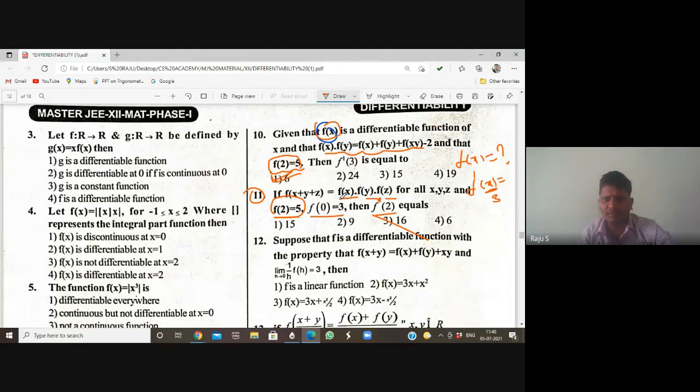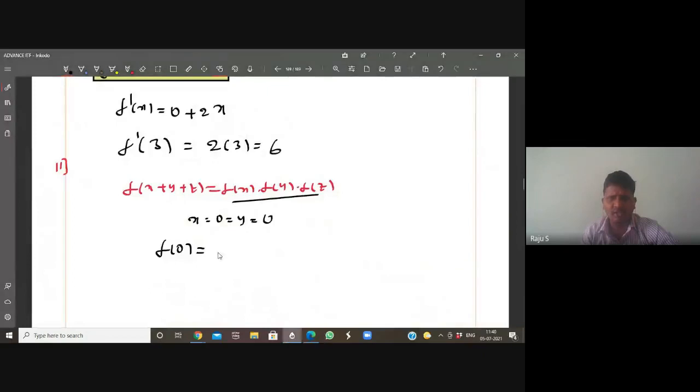When I take f of 0 value is 3, how is it possible to get f of 0 is 3? I'm verifying whether f of 0 is 3 or not. They given one condition here. I want to verify. So 0 plus 0 plus 0, 0. f of 0 into f of 0 into f of 0.